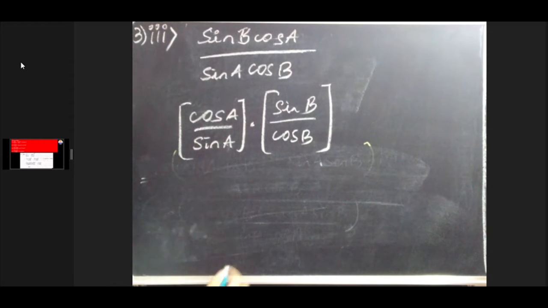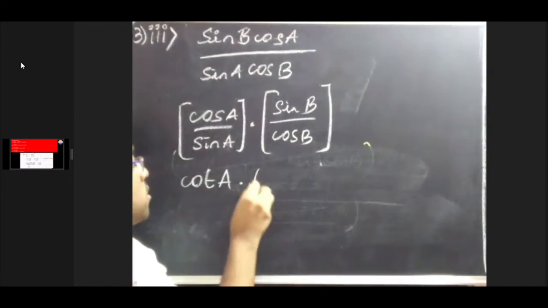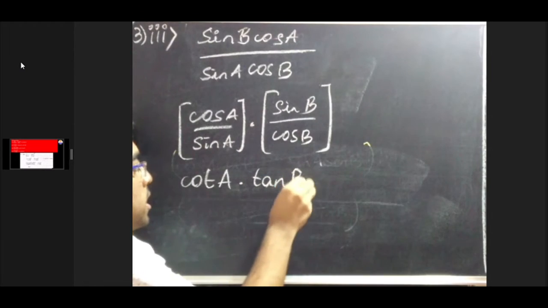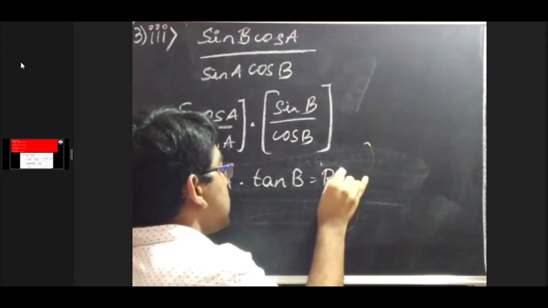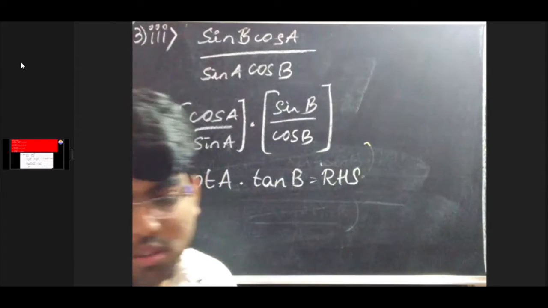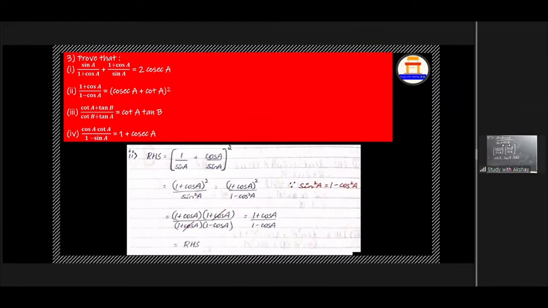Cos A by sin A is nothing but cot A into tan B, which is nothing but equal to our RHS. Right. So let me display the solution window again. The same thing, whatever I have written on the board, is displayed.